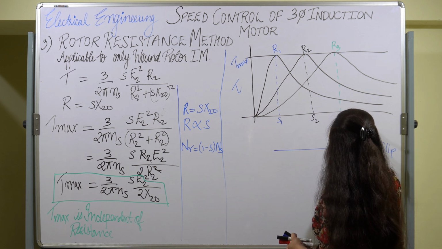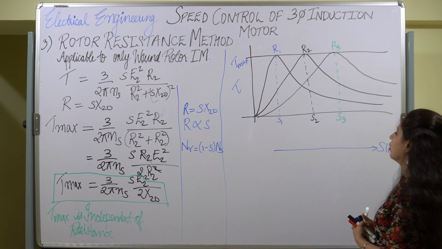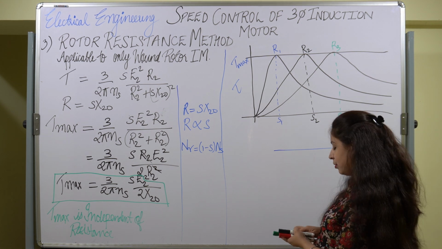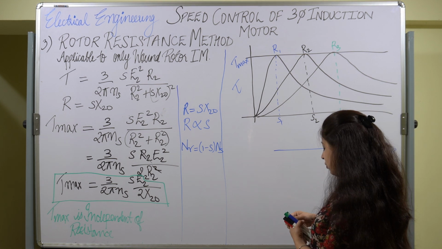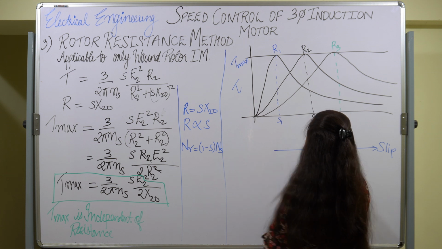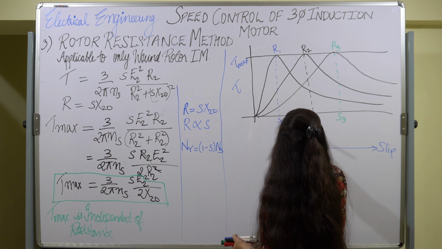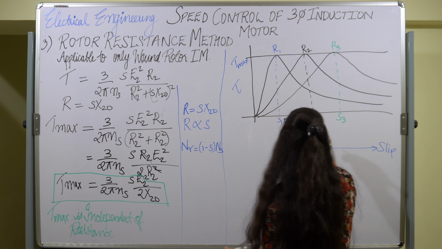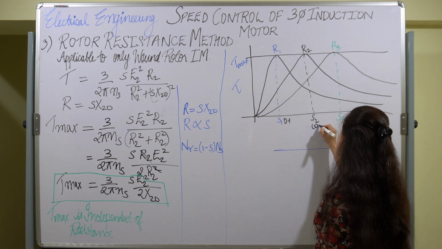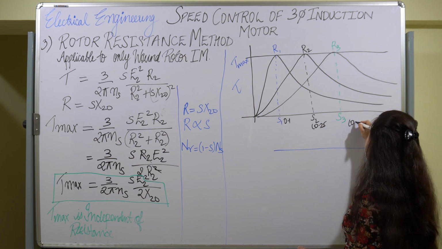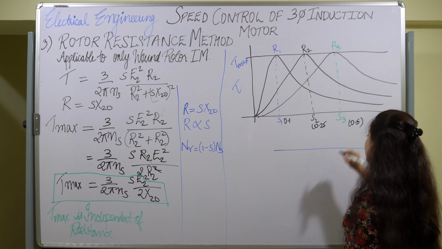Let us say my slip over here is 0.1, over here is 0.25, and over here is 0.5.